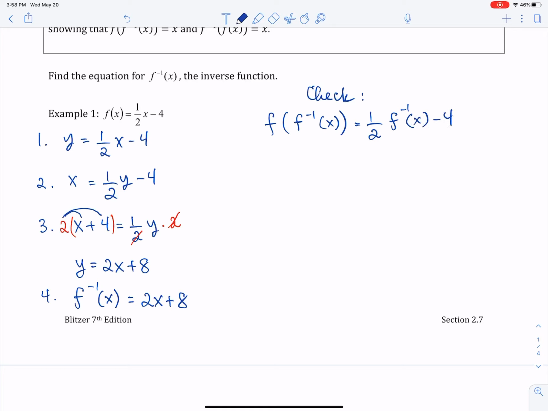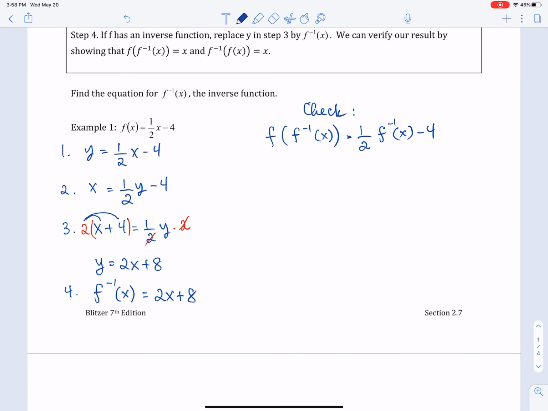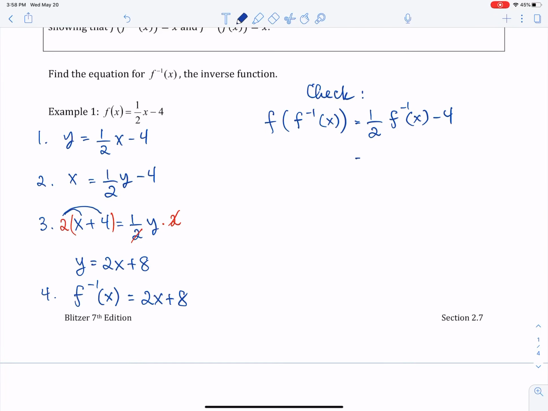So 1/2 times the inverse function, 2x plus 8, minus 4. Distribute the 1/2. 1/2 times 2x is x. 1/2 times 8 is 4. Minus 4. And we see that the result is x, which checks.